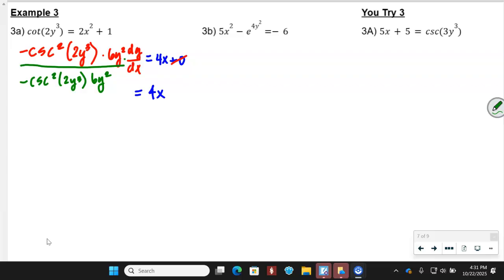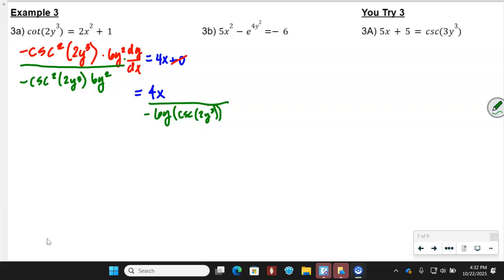So what we're going to do is divide all of that over here, and I'm going to change the order of it a little bit. I'm going to do minus 6y, and then my cosecant of my 2y to the third, because we would be multiplying that, right?